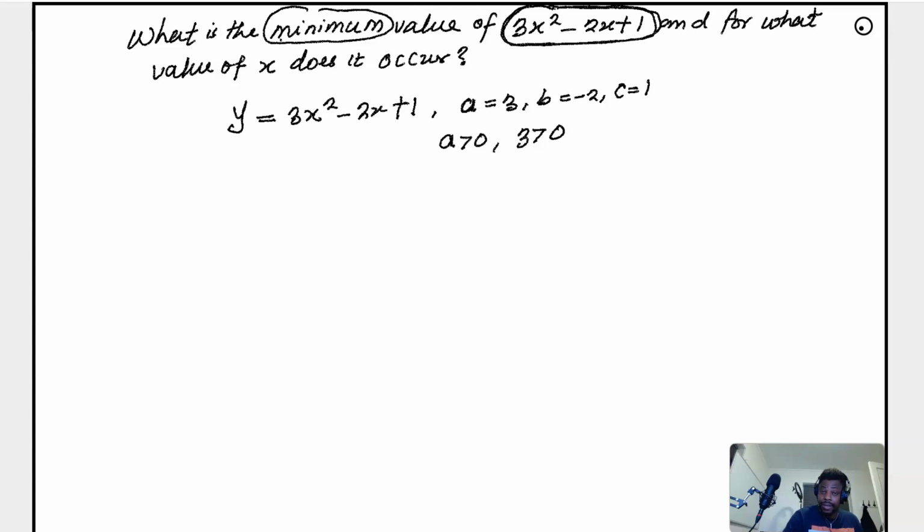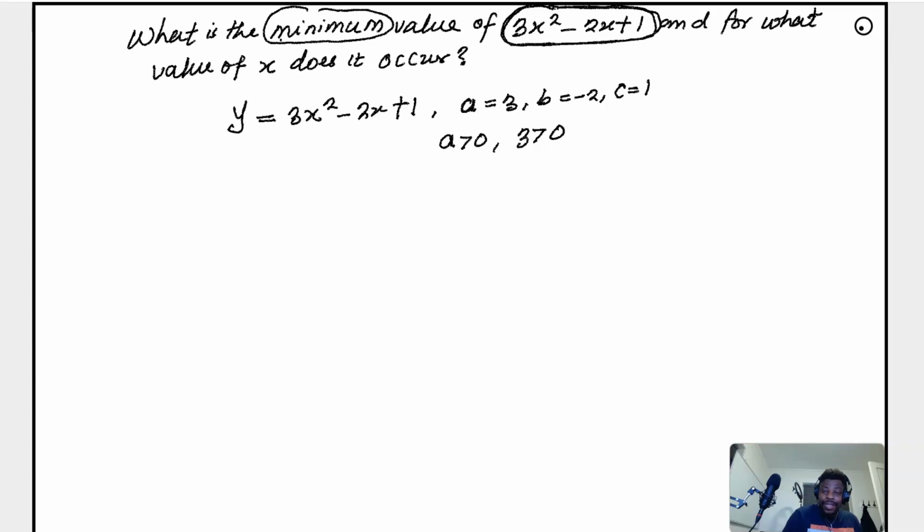The only way you can get the minimum value or the maximum value of a quadratic function is by using two methods. The first one is completing the square method, which is what I've taught you in the previous video. For those of you that have not seen my previous video on completing the square method, click on the top right hand corner of this video.